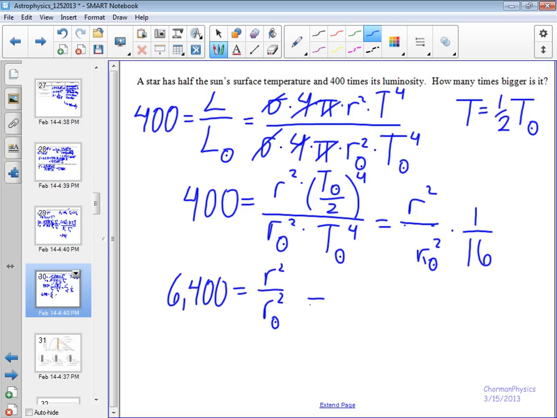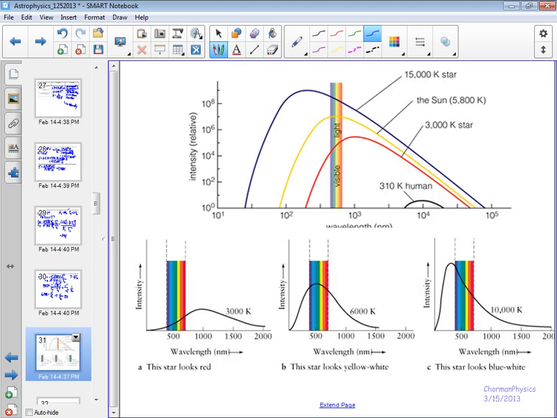So 400 is equal to that, and then just multiply 16 over, so 6,400 is equal to R squared over R the sun squared. All right, so we end up with R over R the sun is equal to 80. So the radius of this star is equal to 80 times that of our sun. All right? Yeah, another typical IB style question.